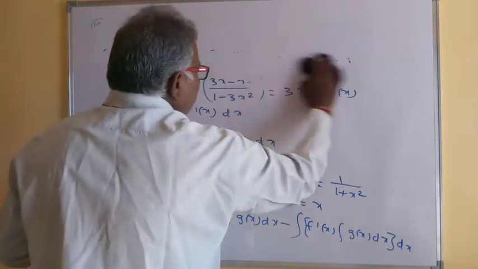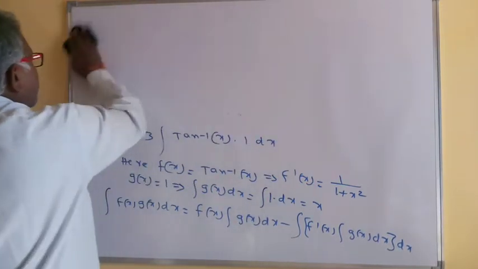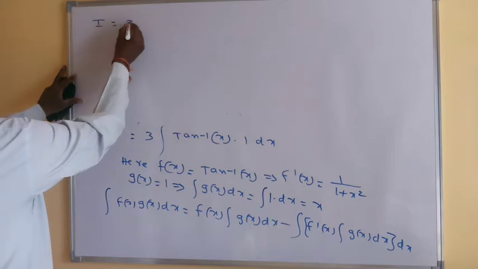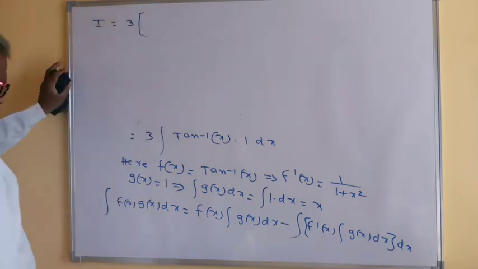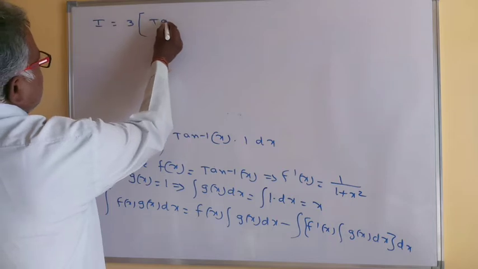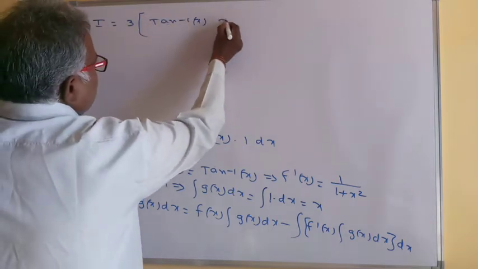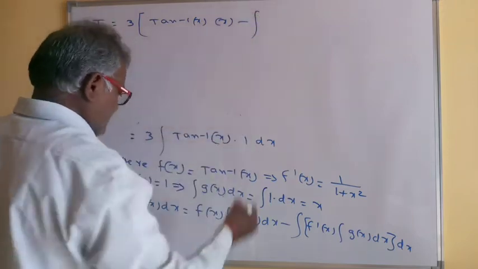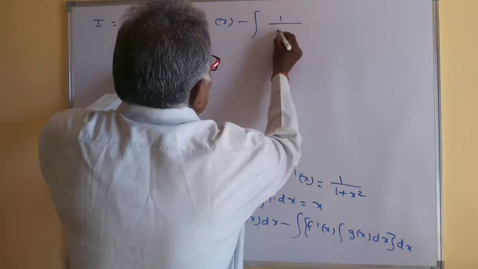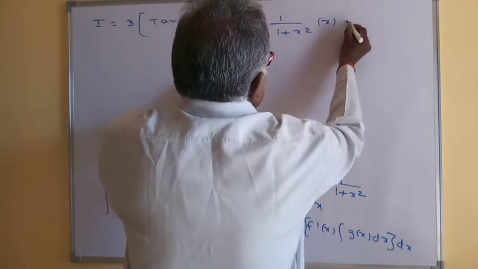Now you see, I is equal to 3 into, f of x means tan inverse x, into the integral value x, minus the derivative, which is 1 by (1 plus x square), into x.